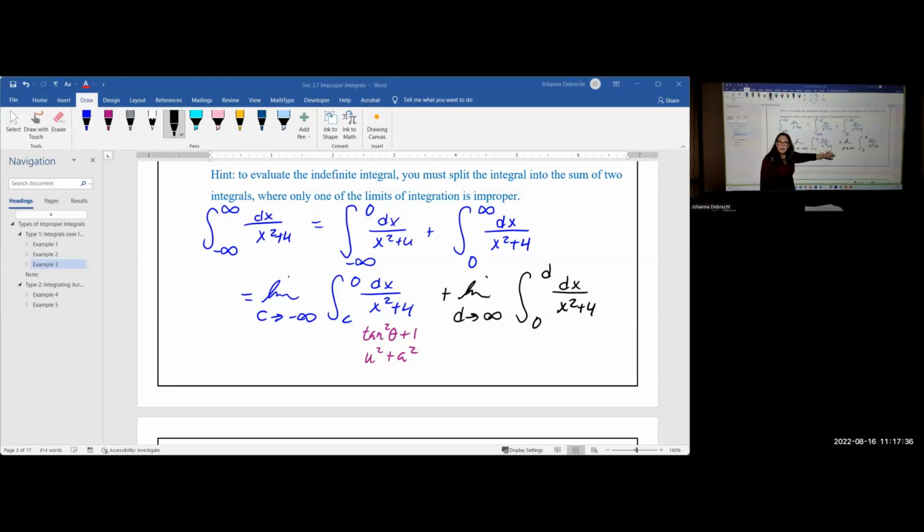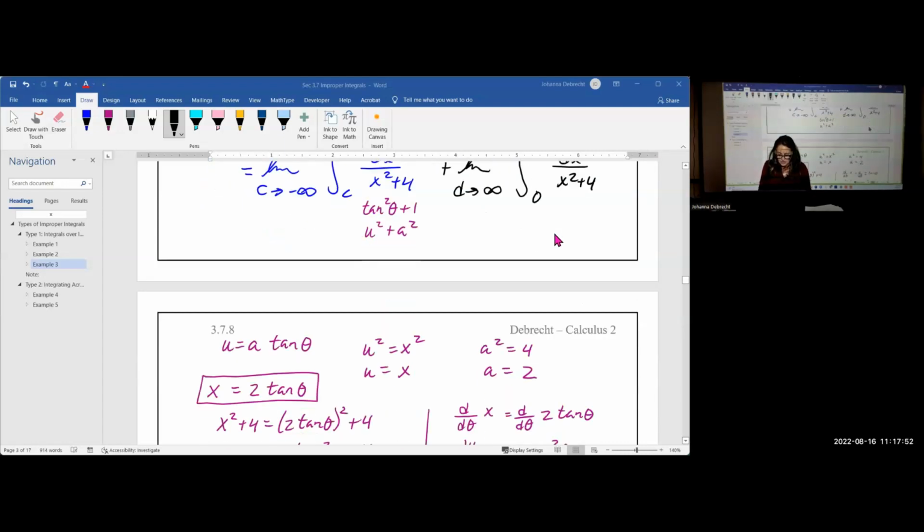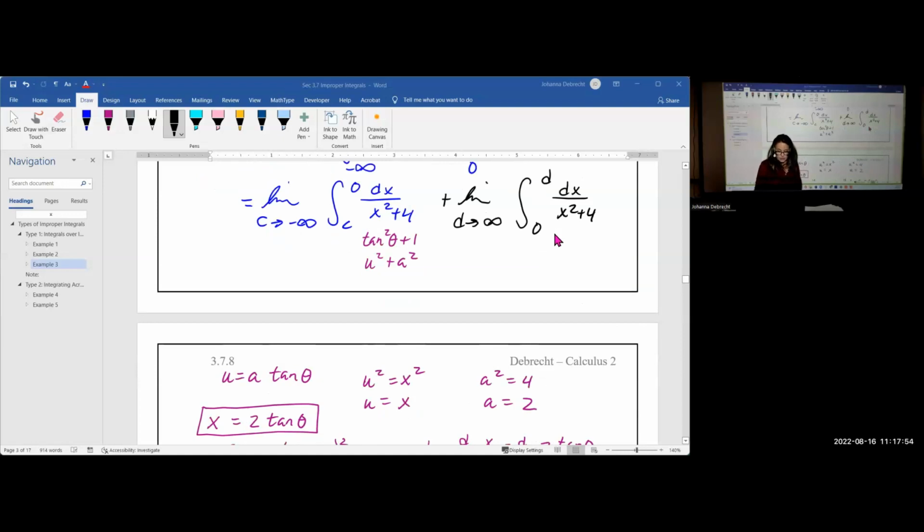And because they're both positive terms, it's got to be the one with tangent, reminding us of tangent squared theta plus 1. It's basically the form u squared plus a squared, which means our value of u squared is x squared, and our value of a squared is 4, so a is 2.